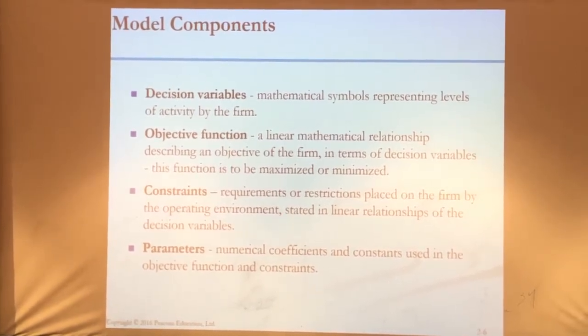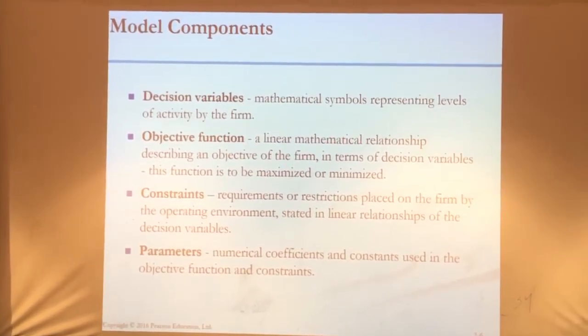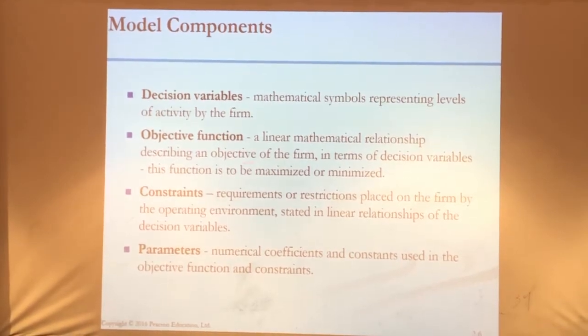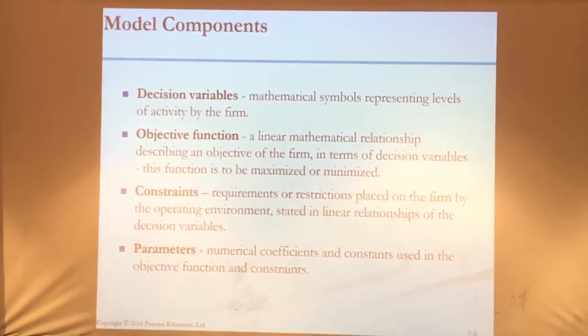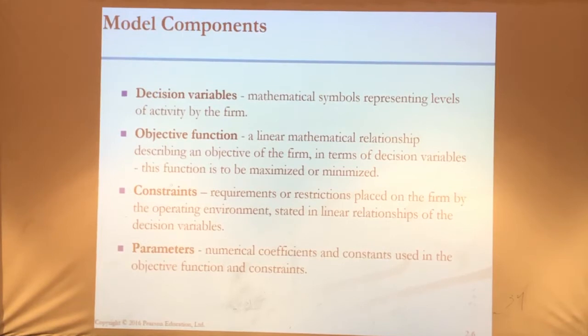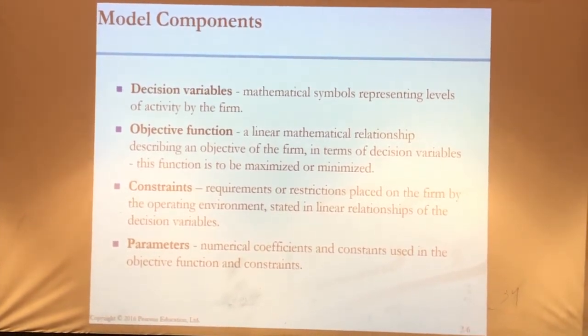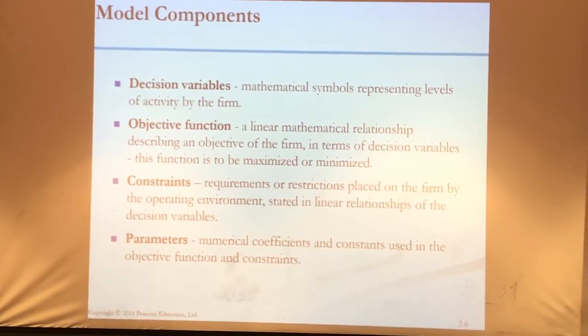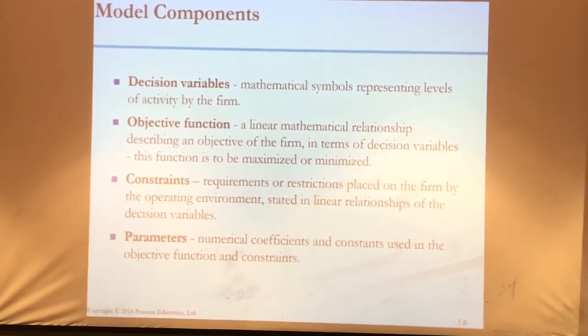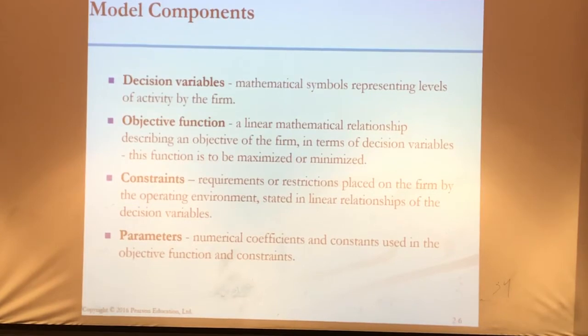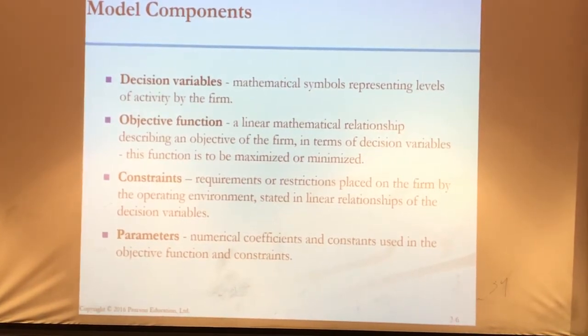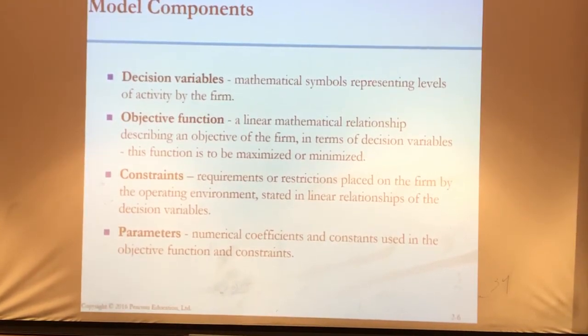Objective function is a mathematical, linear relationship describing an objective of the firm in terms of decision variables. This function is to be maximized or minimized. So we will have one objective function which will be either to maximize or to minimize. And of course there will be constraints.